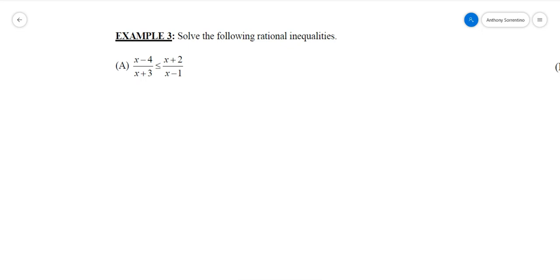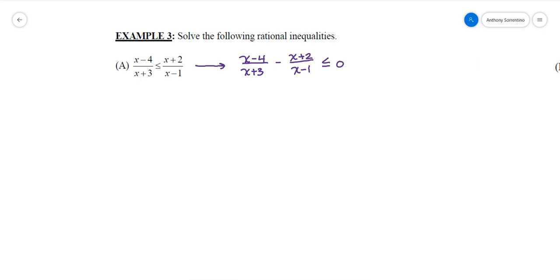So, although I'm going to rewrite this one as x minus 4 over x plus 3 minus x plus 2 over x minus 1 and set that equal to 0, I'm not going to manipulate this as an equation.